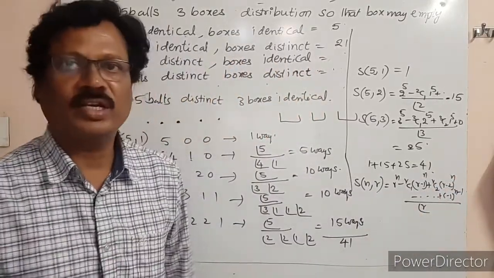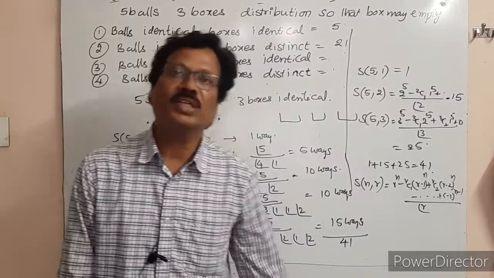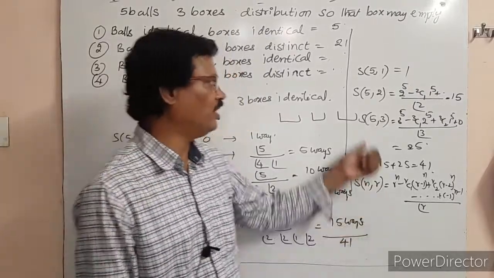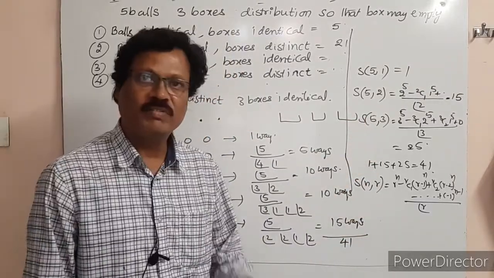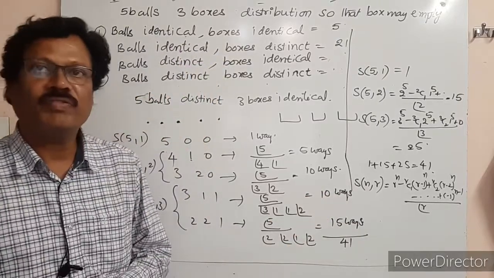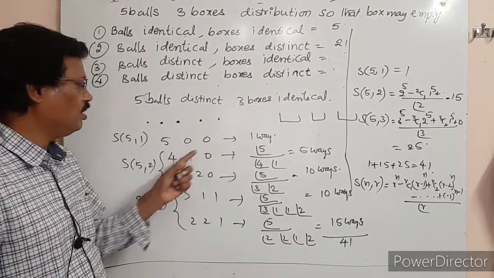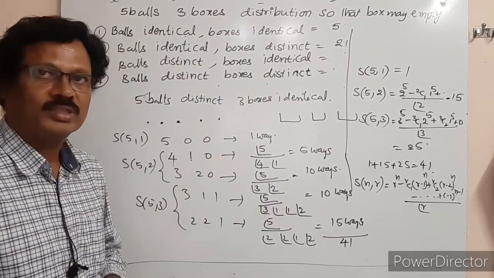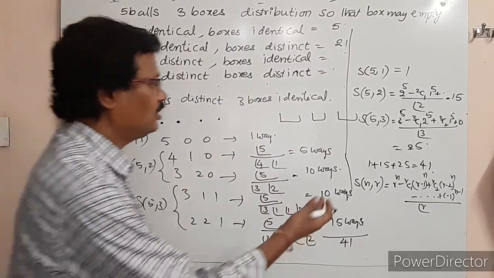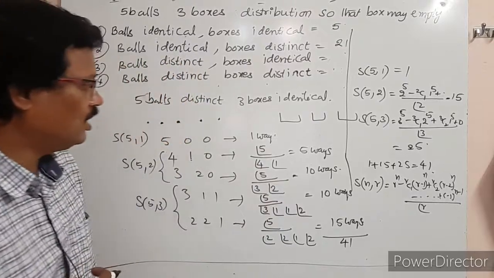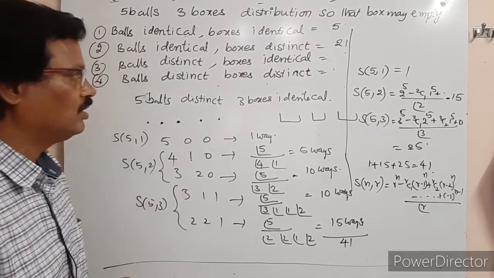That is the Stirling formula. By using the Stirling formula we are applying it in this case. See that video, that is the answer 25 in this. In this, a box may contain either 0 or more than 0. Therefore, the final answer is 41 we got.